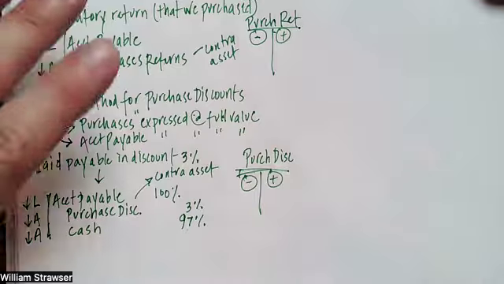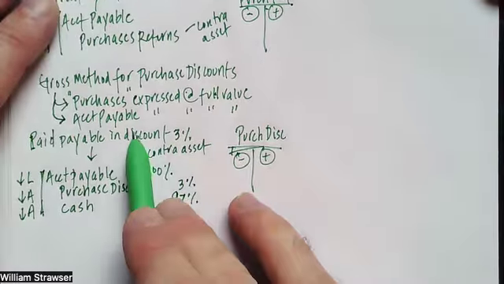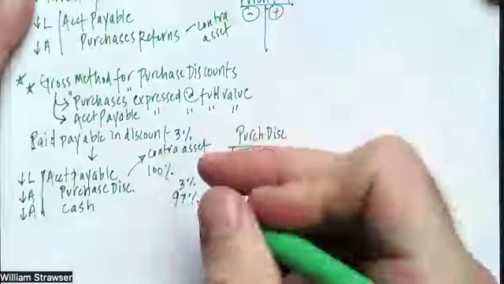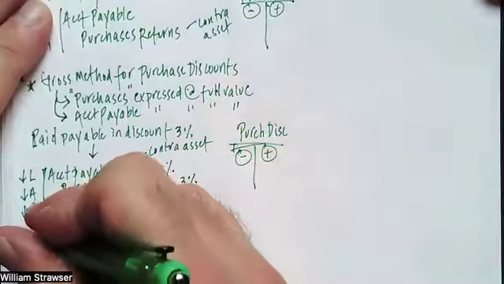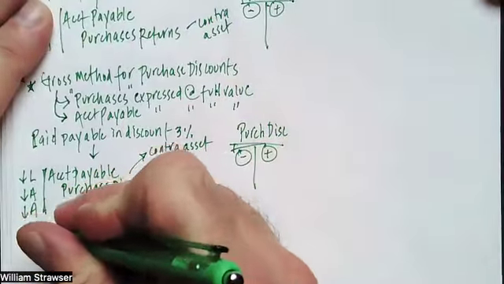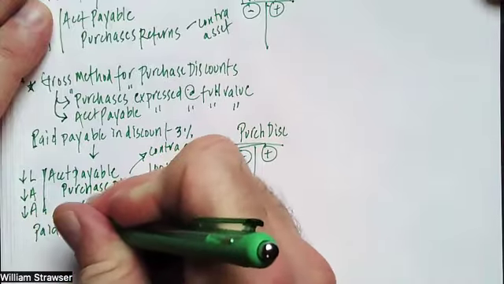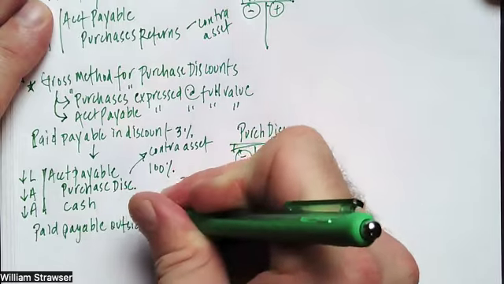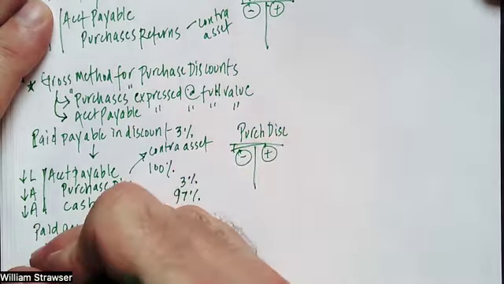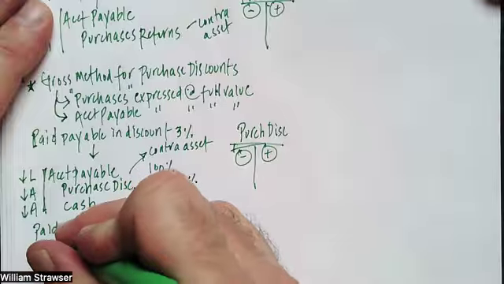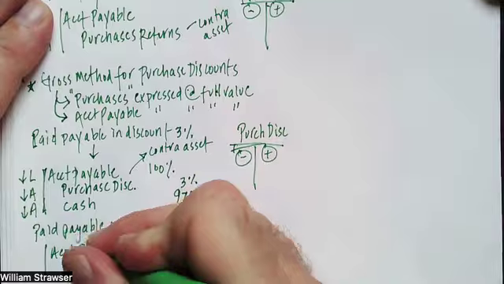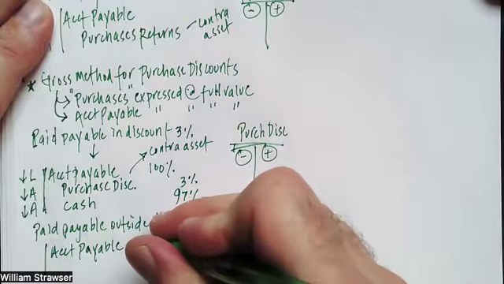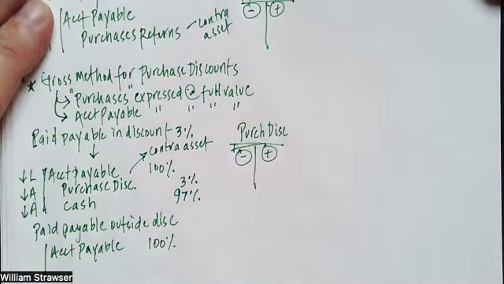If we were to pay under the gross method still, and we paid outside the discount, so we paid our payable outside the discount terms, then we would just have a full price accounts payable recorded at full price because we're using the gross method that sets the valuation terms of that account.